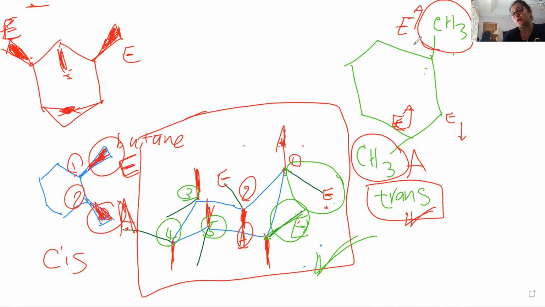If this is equatorial and you assume that this is up, then in this position, equatorial is also up. If you place this methyl group in equatorial, you're going to change your molecule to a cis molecule. To avoid that, you put this in the axial position to make it trans.